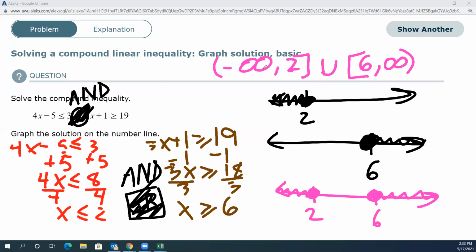If I pick one of them up and dump it on the other, where do they overlap? Well, they don't. The two shaded regions would not overlap. So in this case, if it were and, our answer would be no solution because they don't overlap. So or means union, and and means intersection. That's how you handle those as they appear.